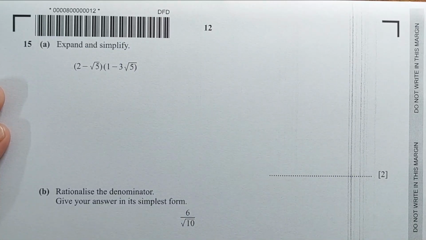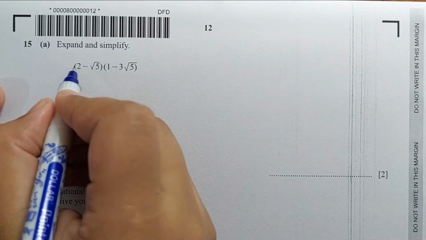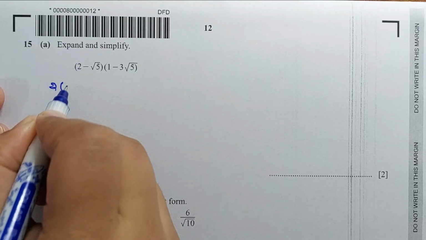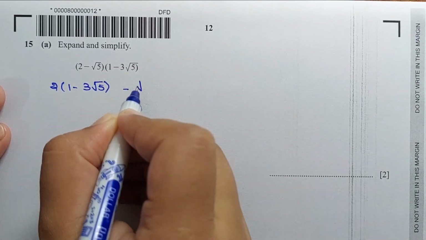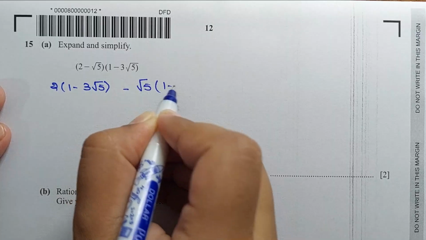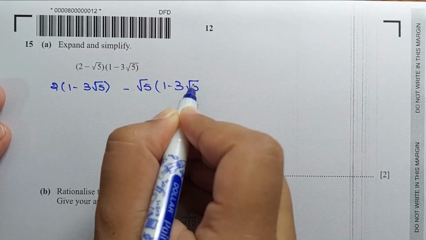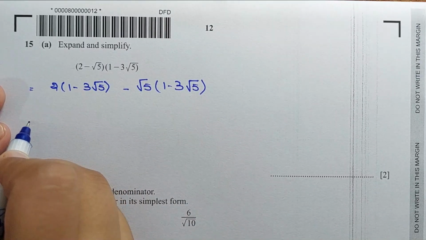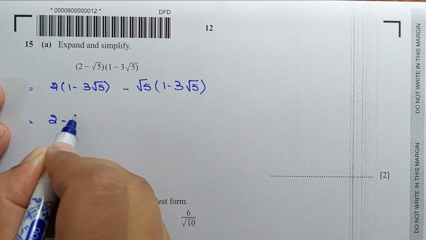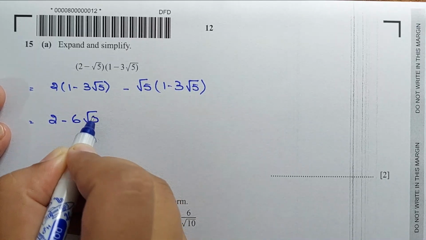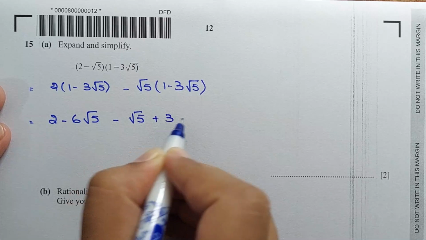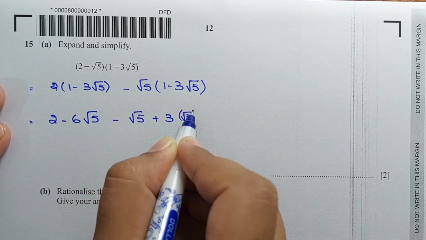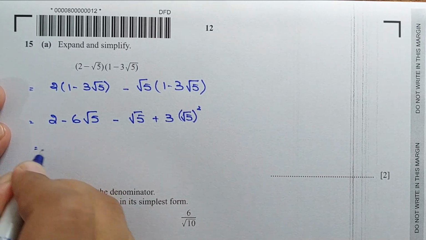Question number 15, part A, expand and simplify. So 2 is expanded into the bracket 1 minus 3 root 5. Minus root 5 is expanded into the bracket 1 minus 3 root 5. Okay, so 2 times 1 is 2 and 2 times 3 is 6 root 5. Minus root 5, and minus minus is plus 3 root 5 into root 5, which is root 5 squared.